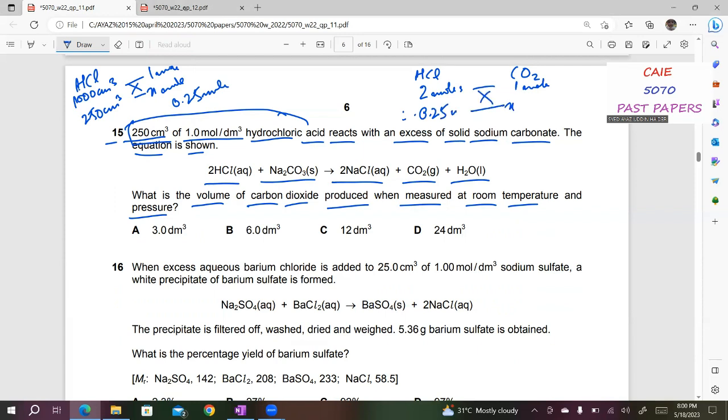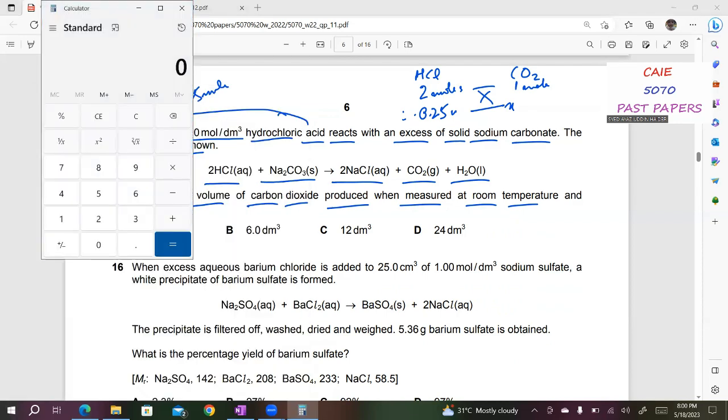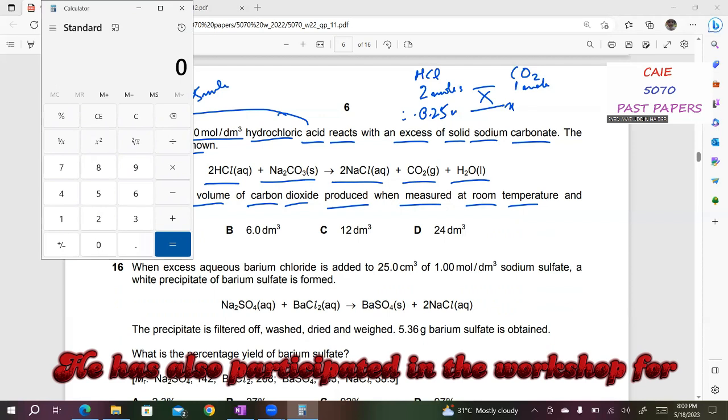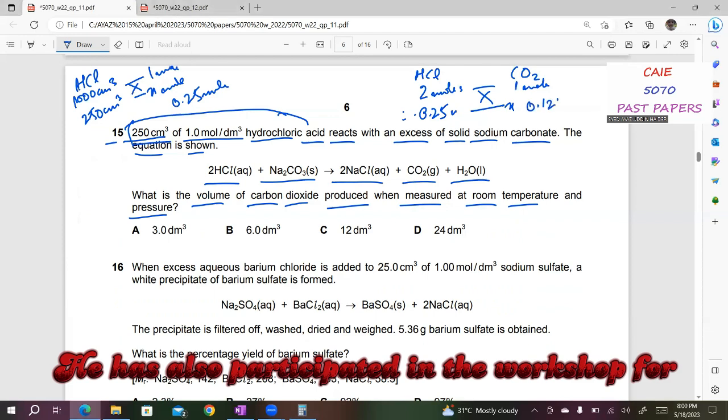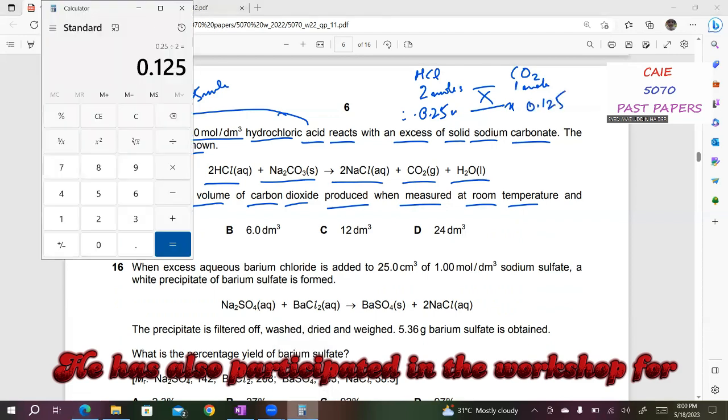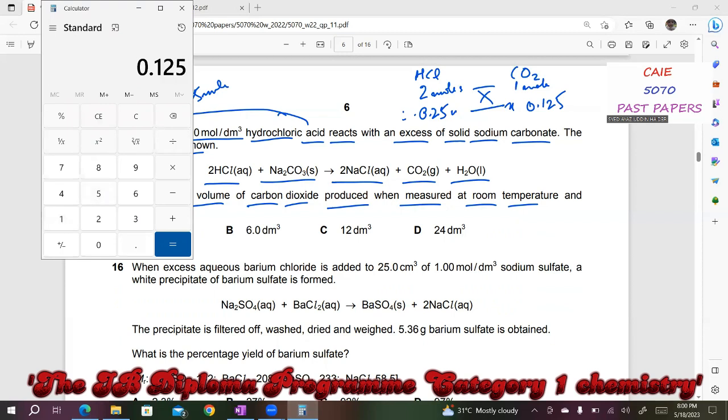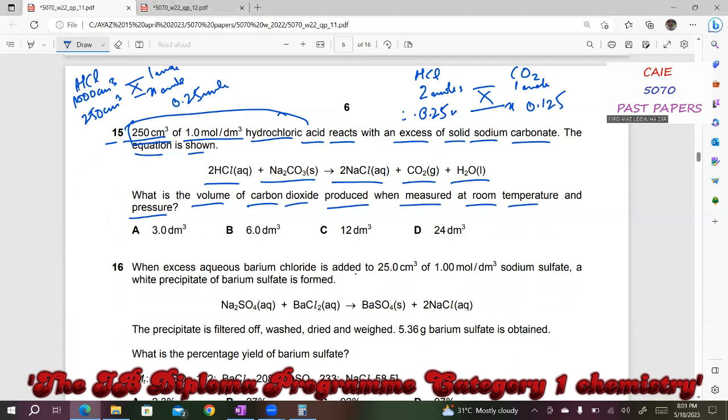So you will get 0.25 divided by 2, 0.125 moles of carbon dioxide. Now you will multiply 0.125 by 24. You will get the volume of carbon dioxide, which is 3 dm³ here. So A will be the right answer for this question.